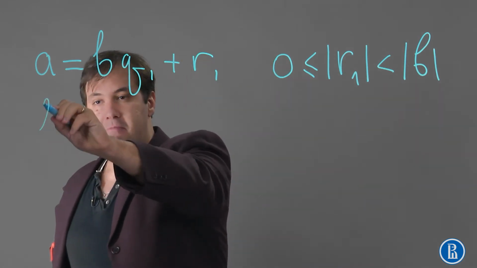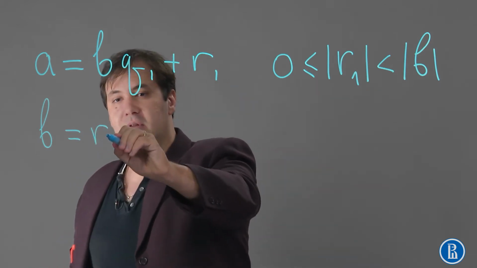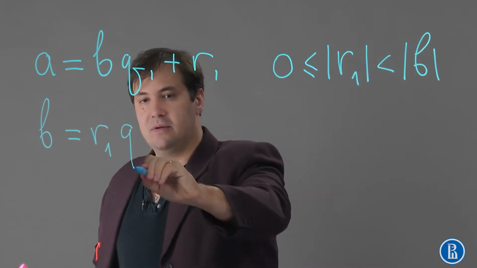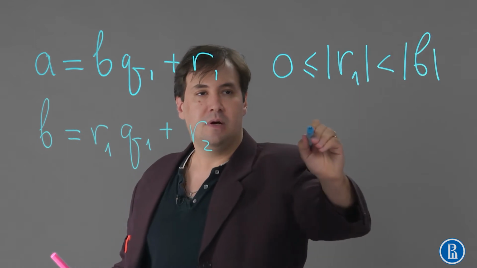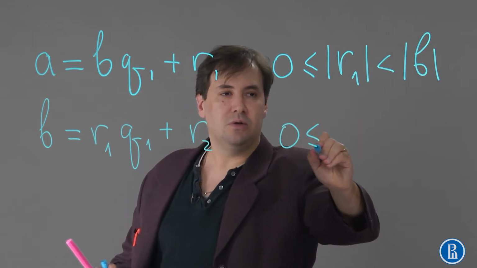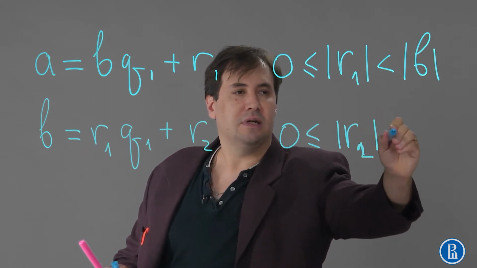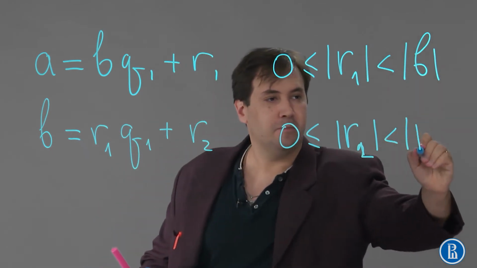We take B and divide it by the obtained remainder, with some other remainder, where this other remainder should also have its norm less than the norm of the previous remainder.